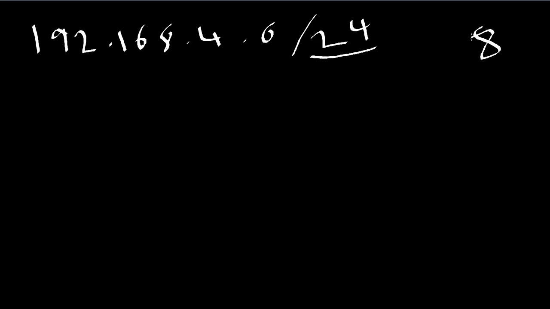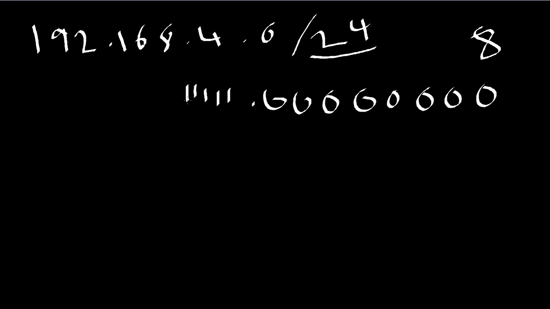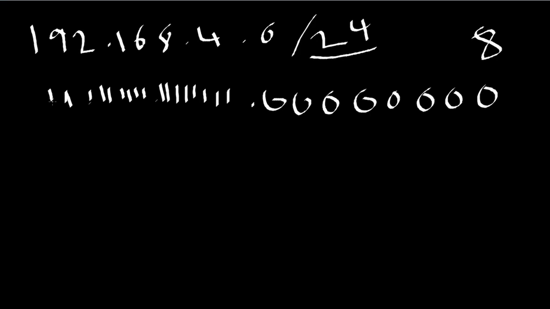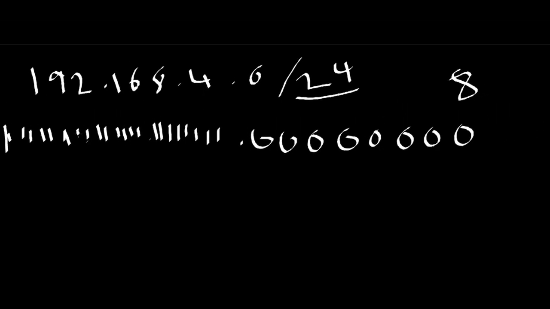And what this 8 simply means is in the last octet we have 8 zeros, and everything else is a 1. Don't worry about counting them, they may not be accurate, but you get the idea.